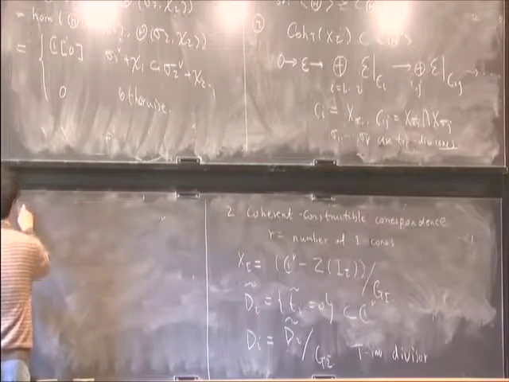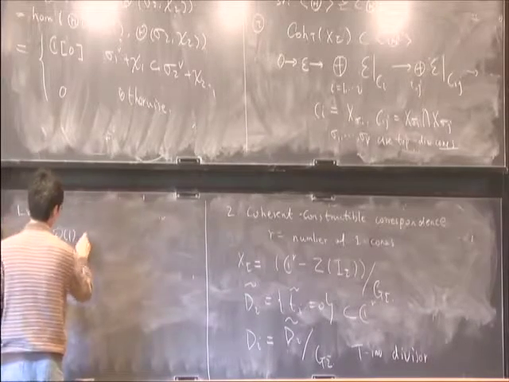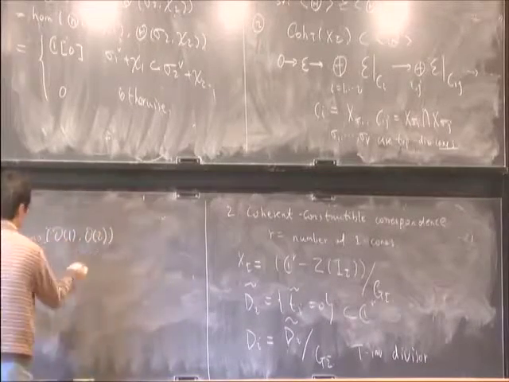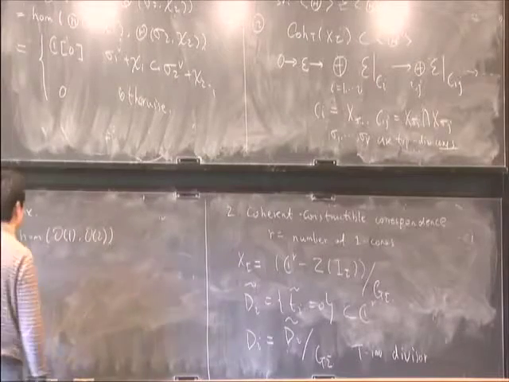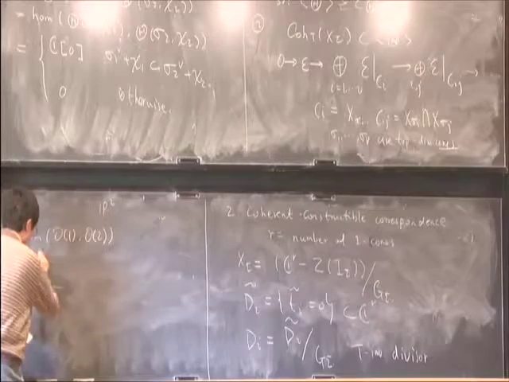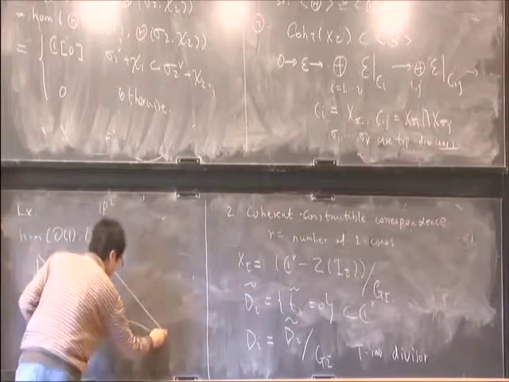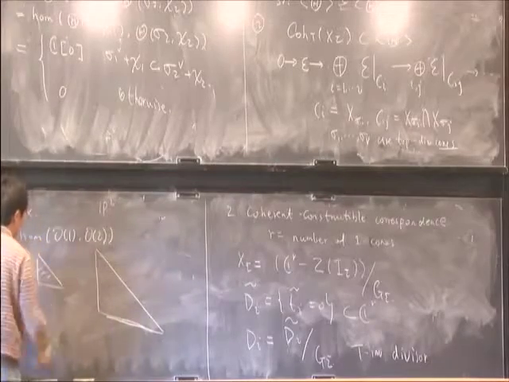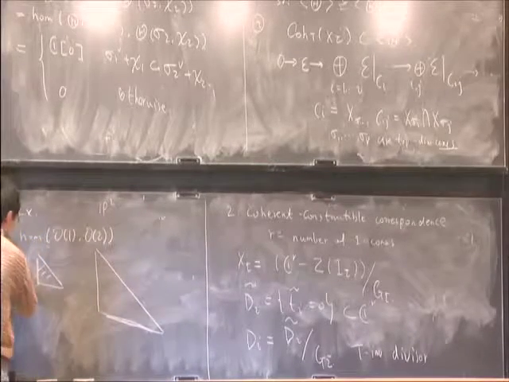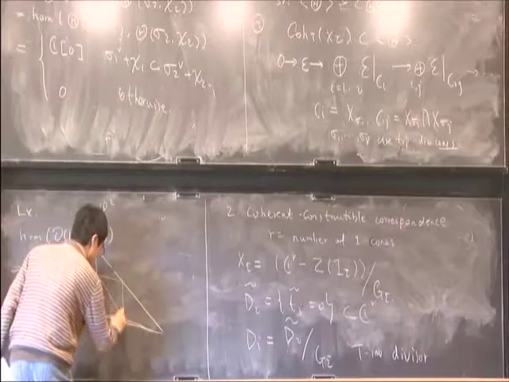Here's an example: Hom of O1, O2, which we know is a three-dimensional space on P2. Here's O2, and this is a non-equivariant Hom, so we don't worry about its position.